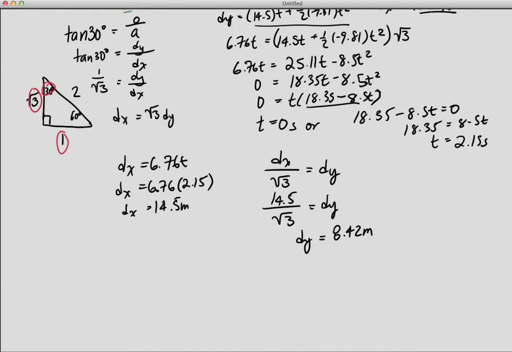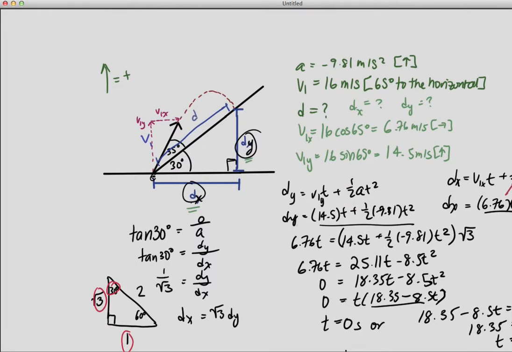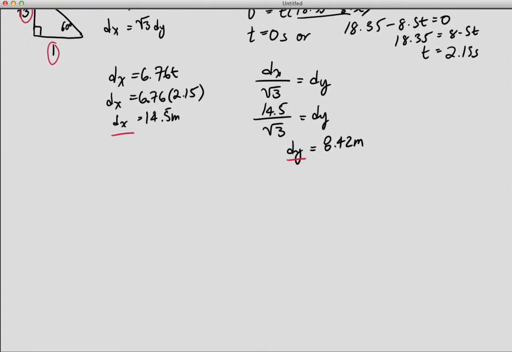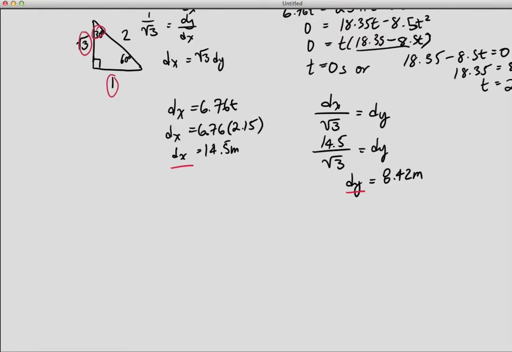So now we have a value for dy and a value for dx. If we look at our diagram over here again, we found a value here. We find a value here. We need to now find this value. And if you remember your triangles, you also know that you can find that simply as the hypotenuse, which is a squared plus b squared equals c squared.